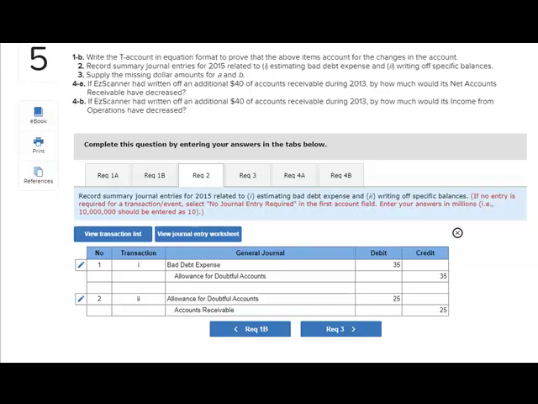In question 5, I think it's easiest to start with requirement 2 and prepare the journal entries. And so what we're doing in the first entry is preparing the entry to estimate bad debt expense in 2015. So this is the normal adjusting entry that we make each period, where we debit bad debt expense, credit the allowance account.